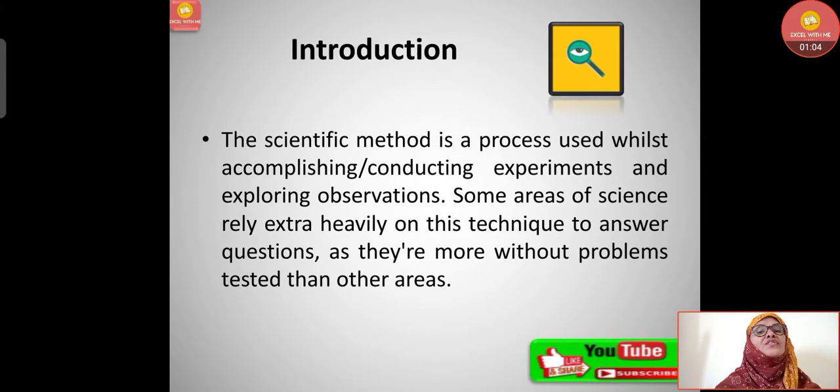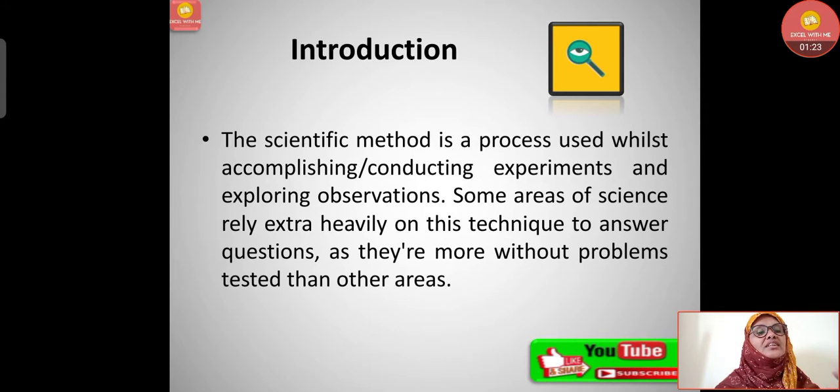Some areas of science rely extra heavily on this technique to answer questions, as they are more easily tested than other areas. We have seen in the science area, we focus on so many experiments and research.